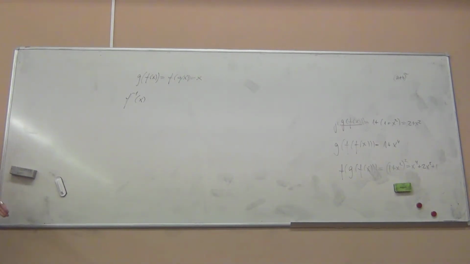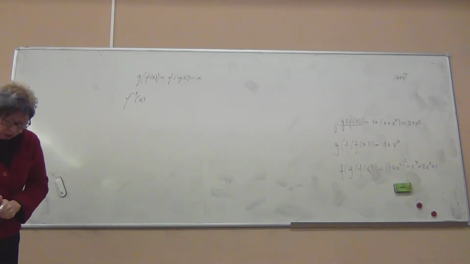Just like with matrices, it's inverse. You don't write the reciprocal of this function, you don't write 1 divided by f of x. The meaning of this notation is inverse function. It's a very specific meaning, something completely different. All right.